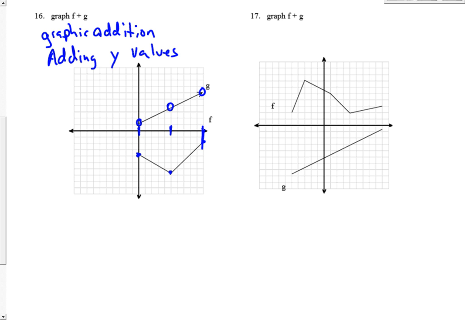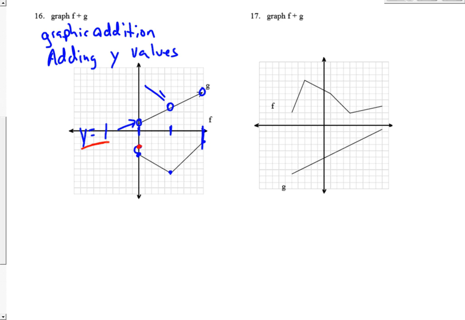And I look to see, okay, that point right there is 1 unit up. So my y value equals 1. So I want to add 1 from my f graph to create a new point. I will graph it in red. So I moved up by 1.